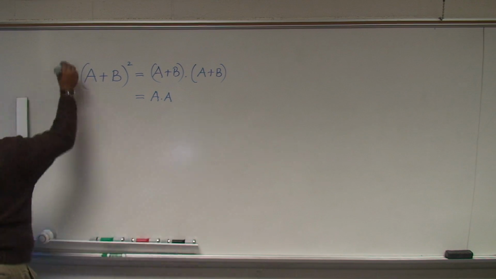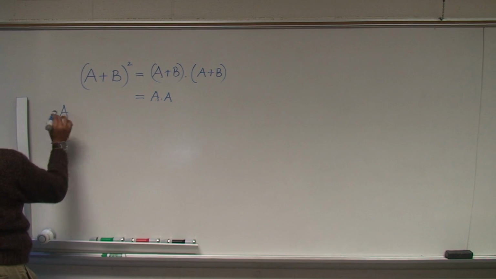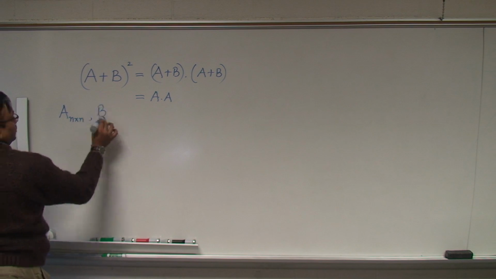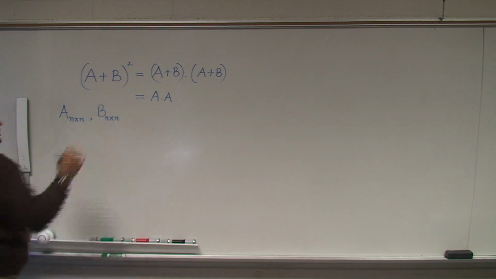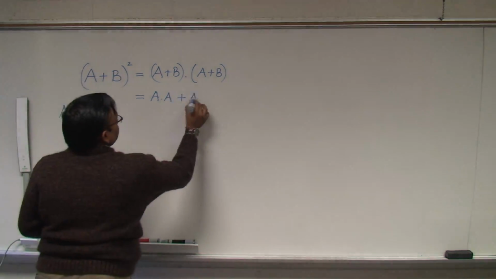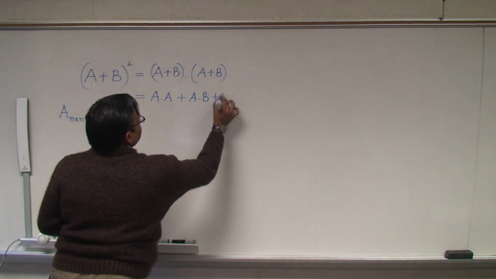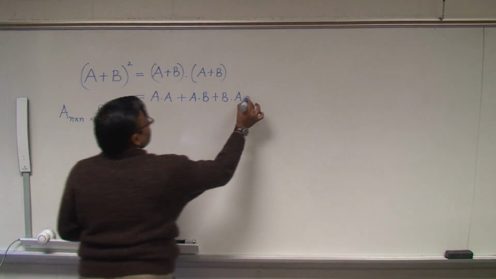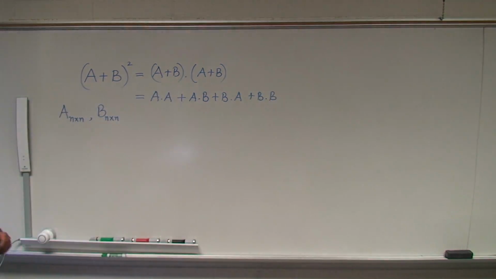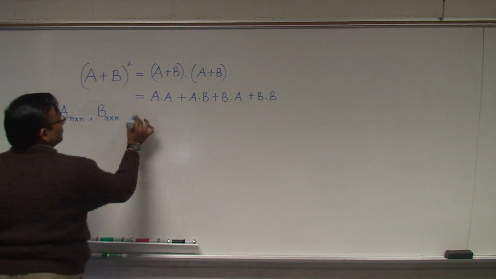So without loss of generality, let us assume that A and B are both square matrices, so that we don't have to worry about whether some multiplication is defined or not. So something like this, plus B times B. Now, matrix multiplication is distributive, so using that idea, we can get something like this.